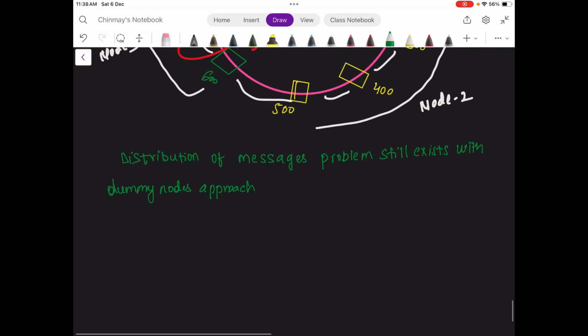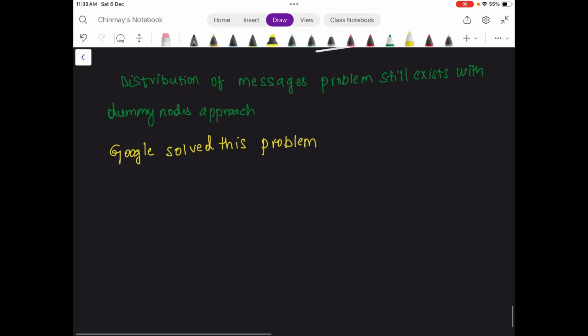This problem is solved by Google. How did Google solve the problem? Google came up with a limit of messages for each node.